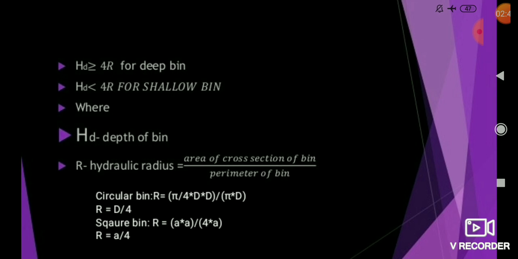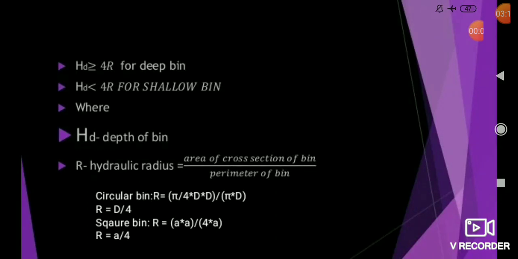And friends, beans are of different cross-section. Either it can be circular bean, square bean, rectangular bean, or different structures may be given in the examination. So you don't have to worry about that. You simply calculate the area of the beans and divide the area by their perimeter so that you can get the hydraulic radius of the beans.